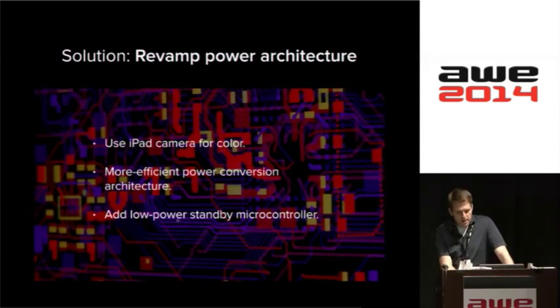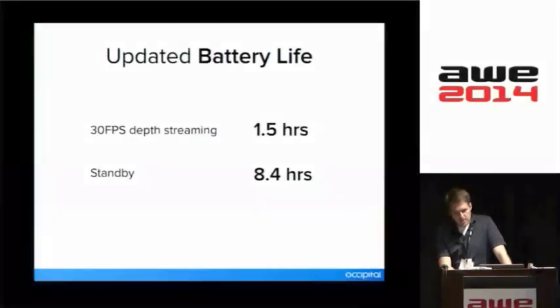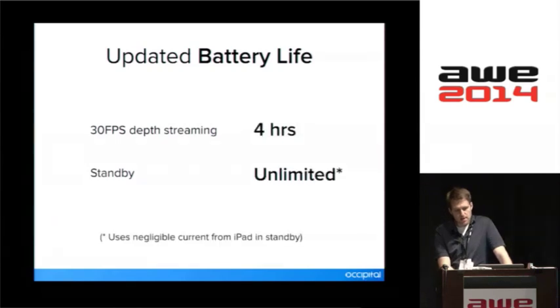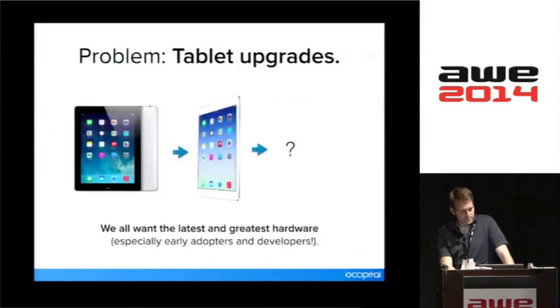So we cut that out. We re-architected the power design, and we added a secondary standby microcontroller. What does that do for us? Well, instead of having 8 hours of standby, which means the battery would be dead if you kept this plugged in all day, you actually have basically unlimited standby, and you have 4 hours of active depth streaming. This thing can't quite outlive the iPad, but you never have any issues running out of battery life.